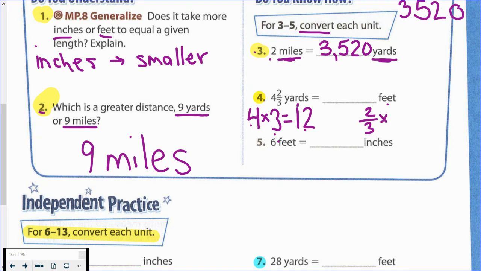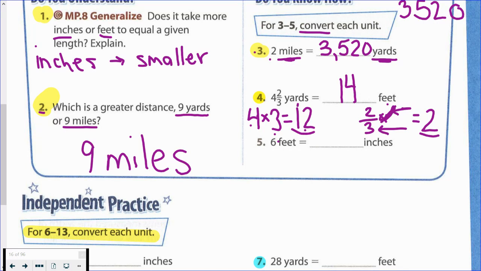You can multiply that fraction times 3, or there's actually a better way to think about this. If we know there's 3 feet in a yard, and we have 2 out of the 3, guess what? That means we have 2 feet. So 12 feet plus 2 more, that means there's 14 feet.